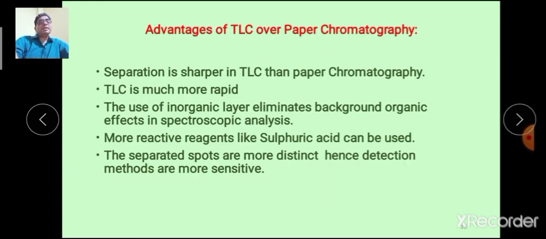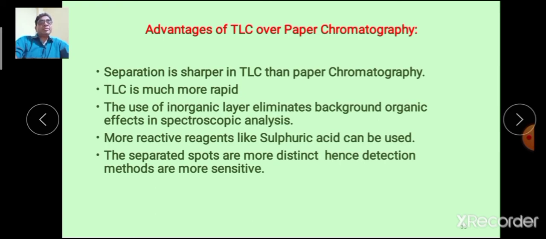Now, advantages of TLC. The first advantage is that separation is sharper in TLC than paper chromatography. It is a much more rapid technique. The use of an inorganic layer eliminates background organic effects in spectroscopic analysis.